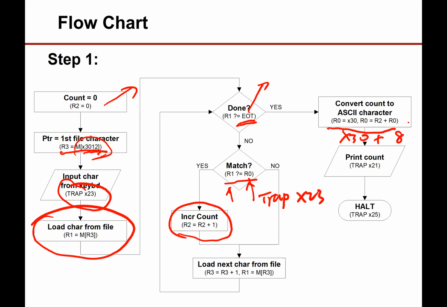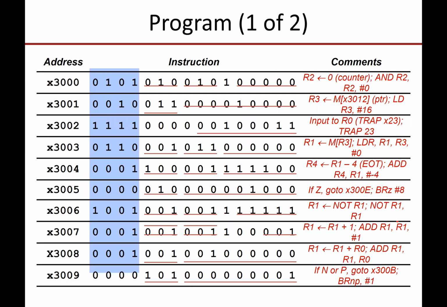For example, here if it's 8, because you are asked to print the character, the 8 is x38. The ASCII number 8 is x38. That's why we have x30 here. Then print out. The print out is trap x20. It outputs the character to the monitor. Then if you have done all this, it stops the program. So this is the program.